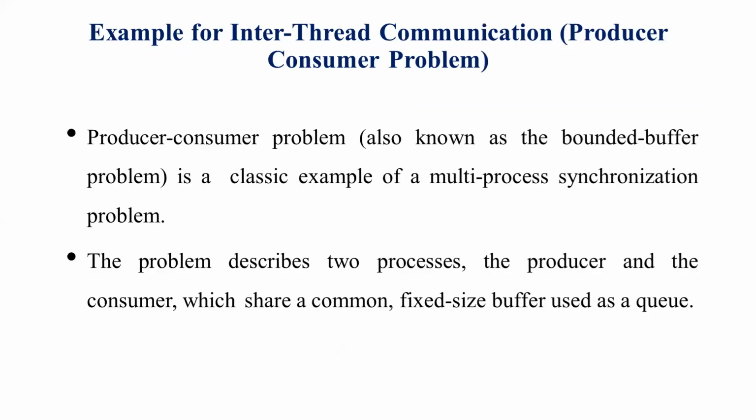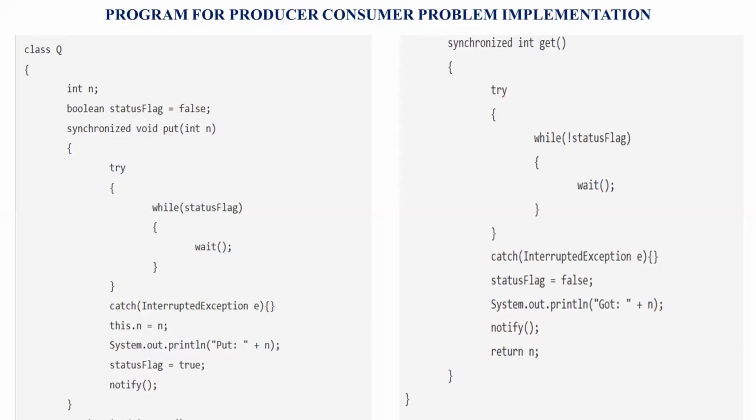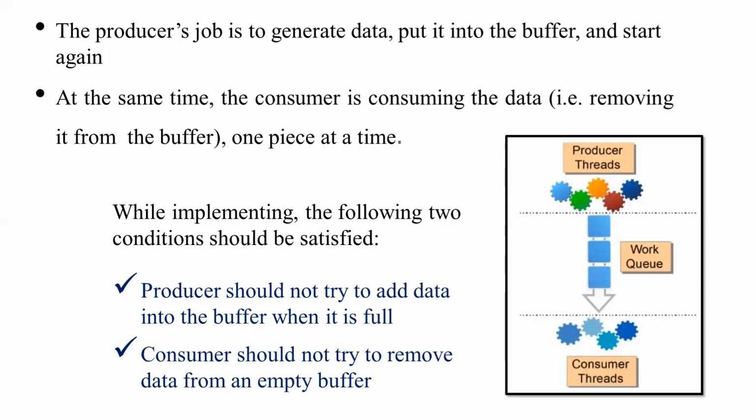Here is an example of inter-thread communication: the producer-consumer problem, also known as the bounded buffer problem. It is a classic example of multi-process synchronization. You'll have a queue, and I'll explain how this works. Here we consider a producer and a consumer, and a buffer.